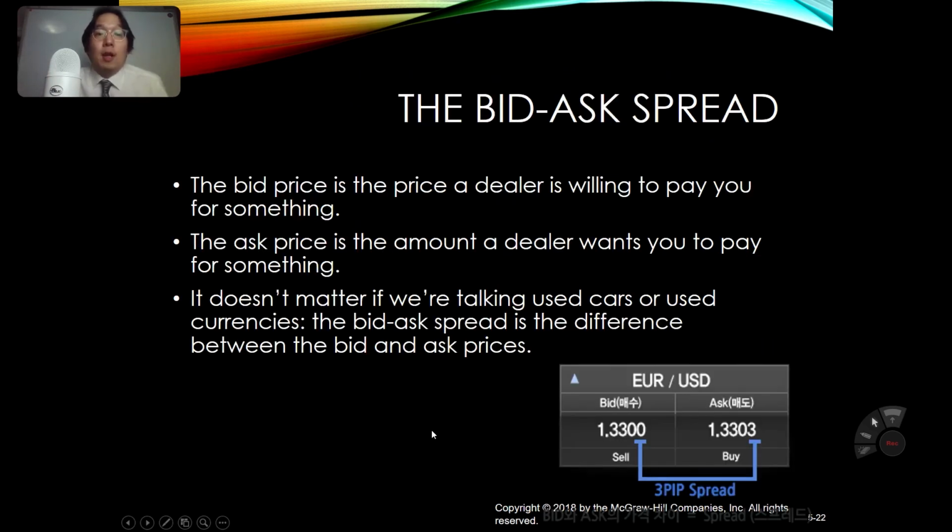Then the bid price and ask price. Bid-ask spread is also there in this kind of exchanges, any market. Why do we have bid-ask difference? Because of the middleman. Somebody has to make the market. Somebody has to connect those buyers and sellers.